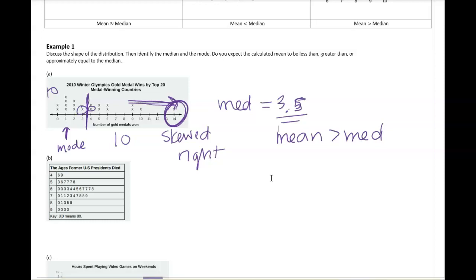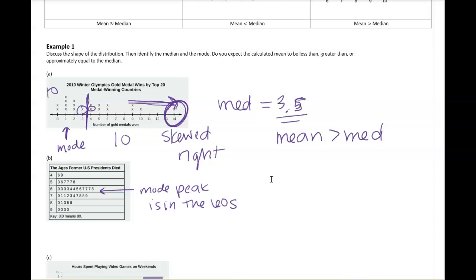This is the stem and leaf plot of the ages at which former US presidents have died. It is not perfectly symmetric, but notice the mode peak is in the 60s. We don't have to think about the mode being the actual number value.